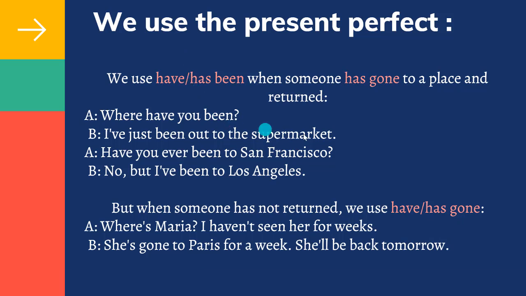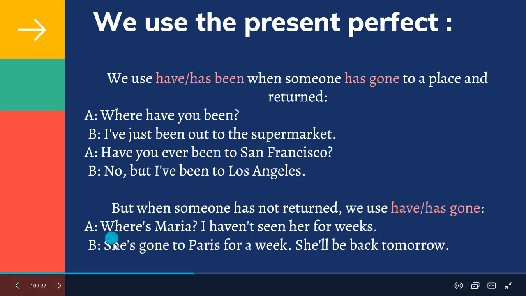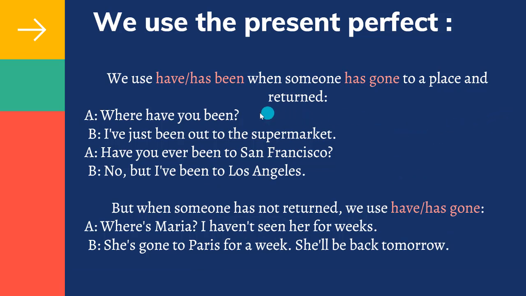So when someone has returned, we use been, and when someone has not returned, we use gone. For example, where's Maria? I haven't seen her for weeks. She's gone to Paris for a week. She'll be back tomorrow. So that's the example of when someone has returned and when someone has gone.